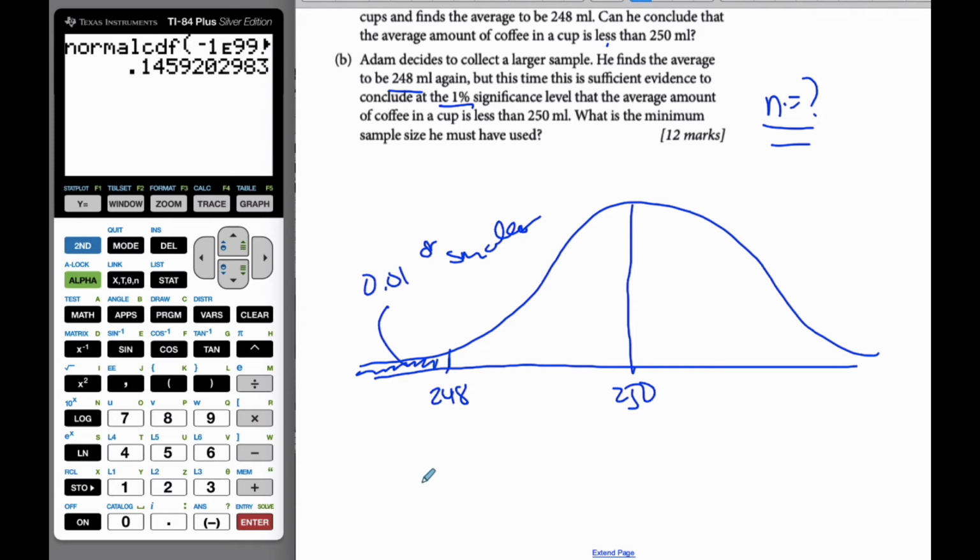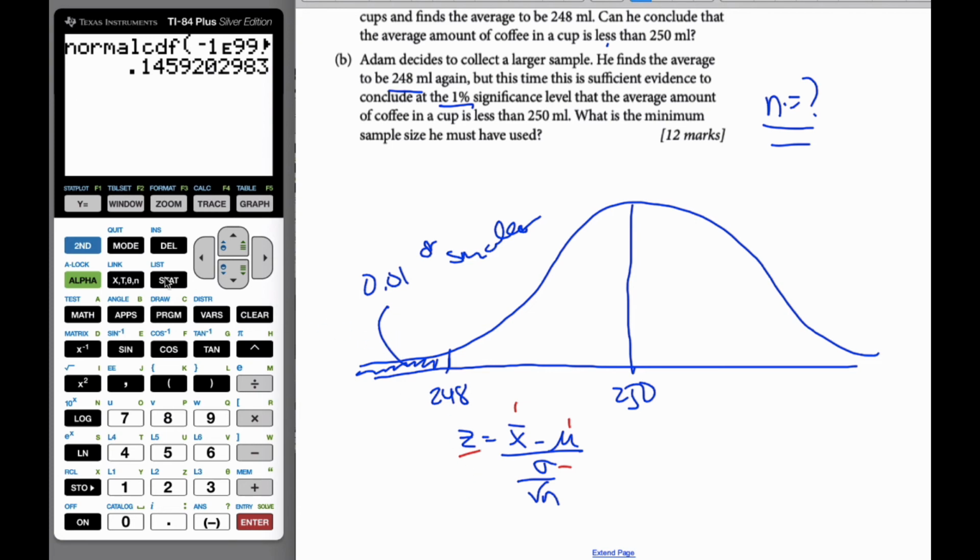So if I want to find this probability, I want to find n, I'm going to go to my z-score value. The z-score is going to be x bar minus mu over the standard deviation divided by the square root of n. I'm going to convert my area to a z value, and then for my z, I'll have x bar, I have mu, I have sigma, and I can calculate n.